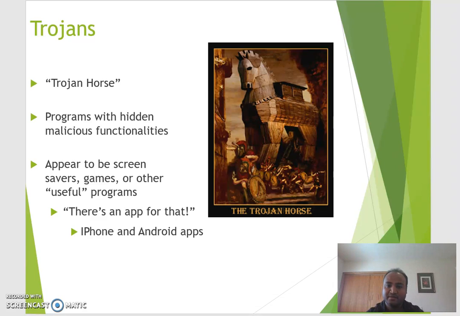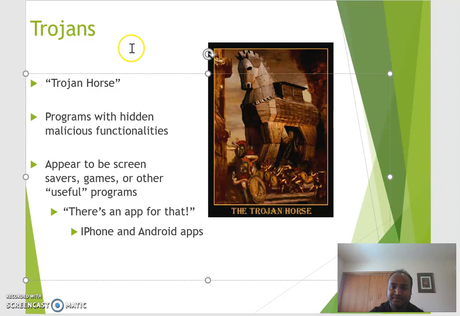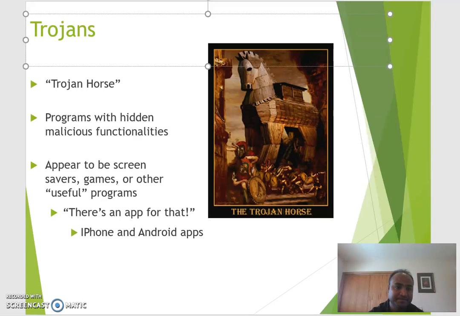It commonly appears in screensavers, games, or other useful programs. Mostly in a lot of freeware programs you'll get Trojan viruses. Just like everybody says nowadays, there is an app for everything, but you don't know if those apps are already infected with Trojan viruses or any other items.